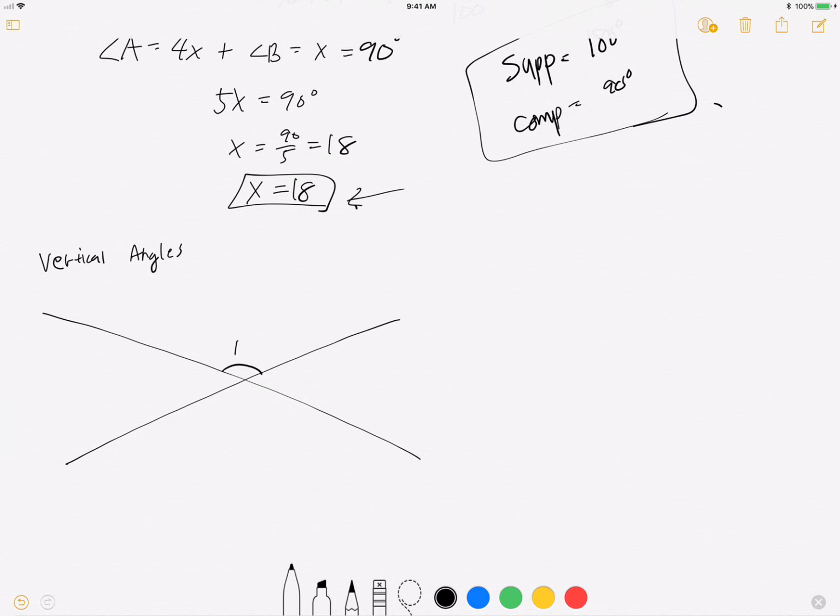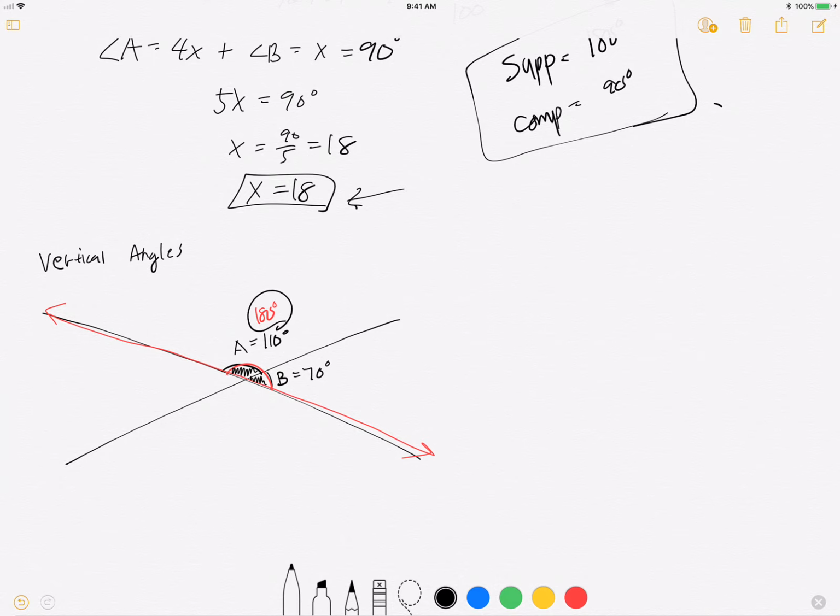Now, I'm going to call this angle A, call this angle B, and then right here, what we have here is supplementary angles, right? Because this one is a straight up line, and that has to give you 180 degrees in total. So if I know that this one right here, angle A, is let's say 110 degrees, then B has to be 70 degrees because we know that they combine together to give you a total of 180 degrees.